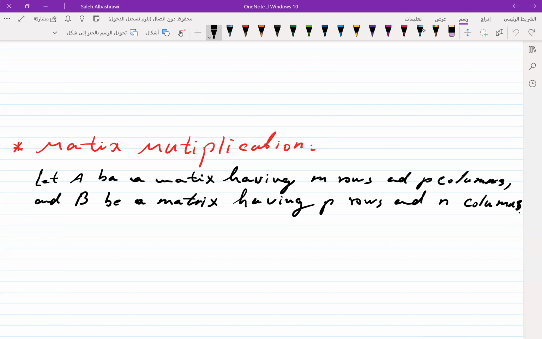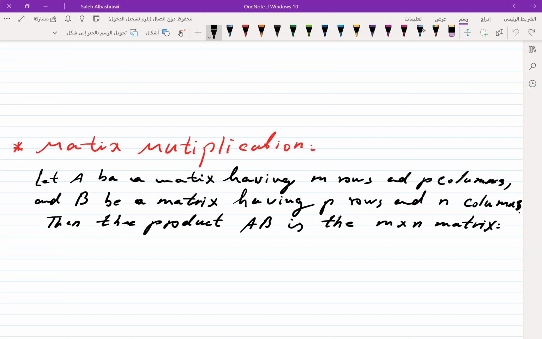Then the product AB is the M by N matrix given by the sum over k equal to 1 up to P of a_ik b_kj.